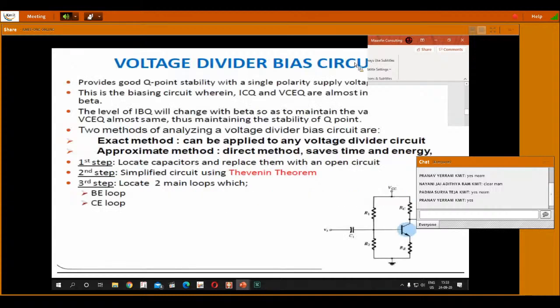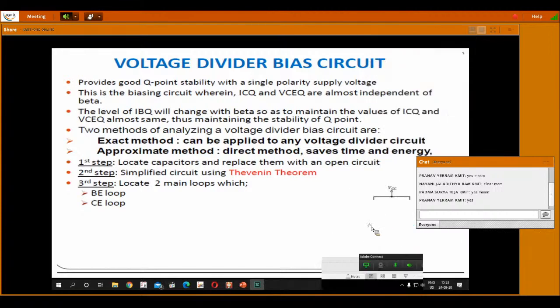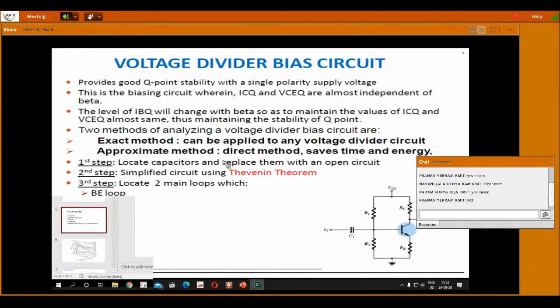Next, we are moving to the next type of biasing, which is voltage divider biasing. In this voltage divider biasing, with a single DC supply voltage and a potential divider network comprised of R1 and R2, we connected that VCC to the base of your transistor in common emitter configuration.